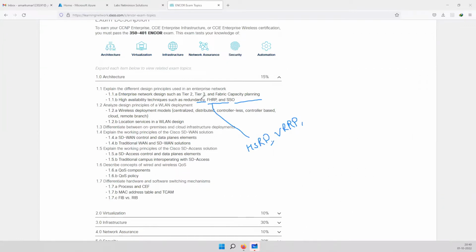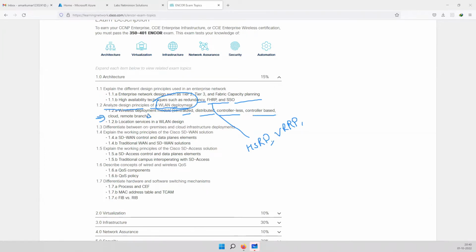After understanding all these redundancy terms, we will analyze the design principles and WLAN deployment. We are going to talk about wireless deployment models, whether centralized, distributed, controllerless or controller based, controller over the cloud, or remote branch.